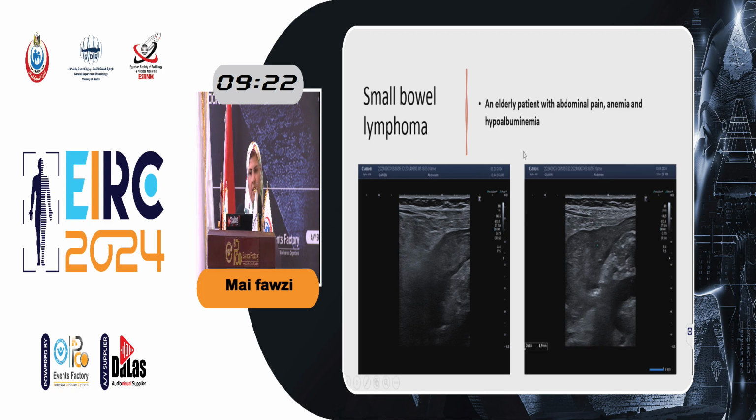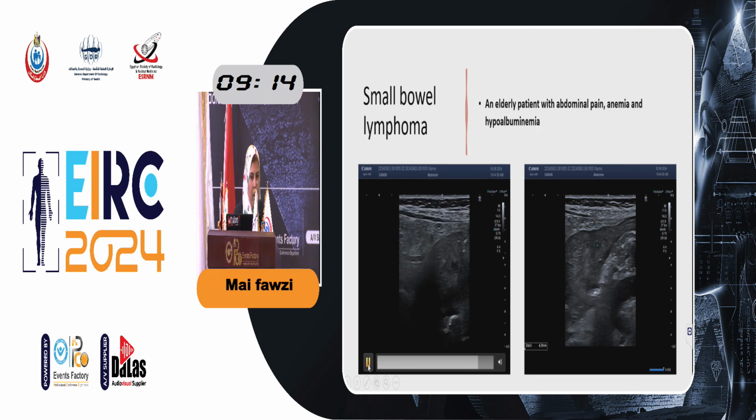Lastly, this is an elderly patient with abdominal pain, anemia, and hypoalbuminemia, and her ultrasound showed this, a long segment of completely hypoechoic wall. This is a hypoechoic wall, dilated with peristalsis, if you see that, and thickened valvulae in the center, maybe here, there.